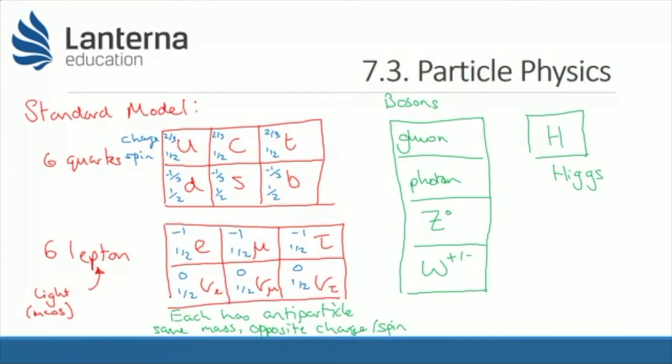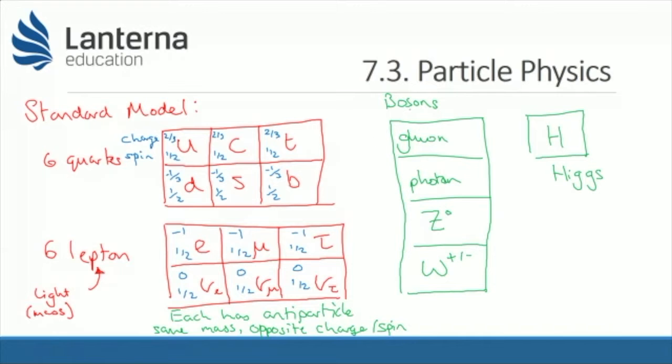So all you really need to understand for this part of the particle physics subtopic is that there are 12 different particles and 12 different antiparticles, which basically make up all of matter, then that's a good place to be at before we move on.